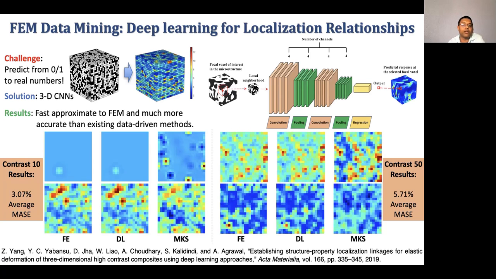I show here two examples, contrast 10 and contrast 50. Contrast here is basically the relative Young's modulus of the two phases. If the contrast is high, it is more difficult to analyze and make good predictions on. We can get up to 3% and 5% error on contrast 10 and 50. More details are in this publication last year in Acta Materialia, if you want to take a look.